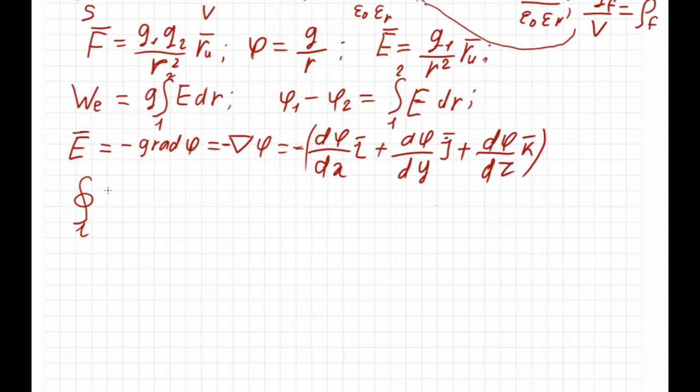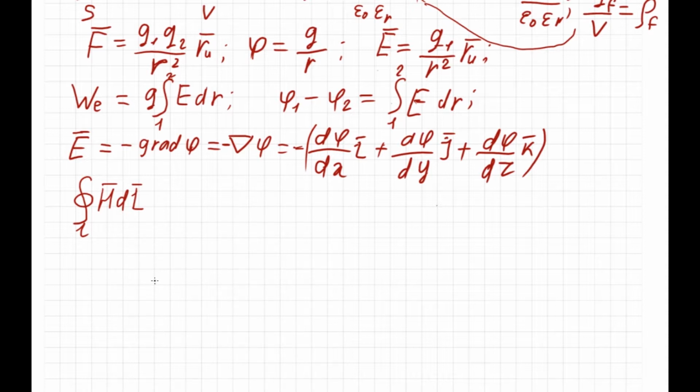In this case, what are we considering? We are considering the magnetic field. Next, the magnetic field dL. L is a closed-loop contour.